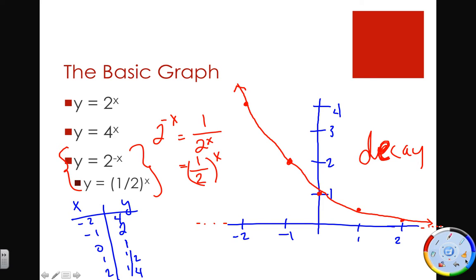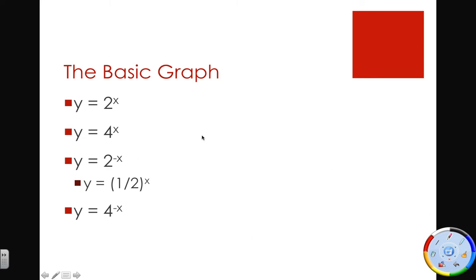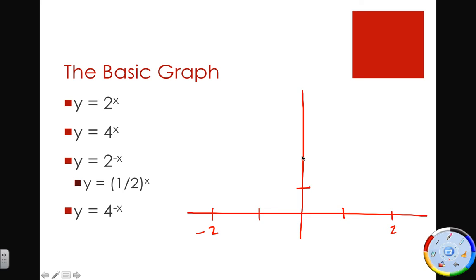One more quick example. I want to do the other one with the 4. You might understand where this is going here. I'm going to try to do this one without a table. Okay, no up and down shift, so it still has a horizontal asymptote at 0.